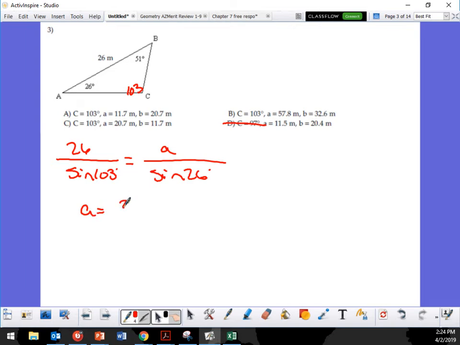A equals 26 times sine of 26 over sine of 103. So A is 11.7.